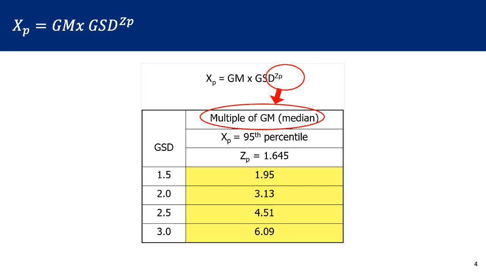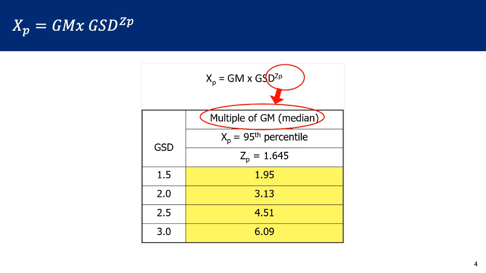So in this slide, at the top, I again show the equation, the GM times GSD raised to the power of some z statistic, and for the 95th percentile, the z statistic is 1.645. What I'm showing in this table are estimates of the 95th percentile for a variety of values of the geometric standard deviation.